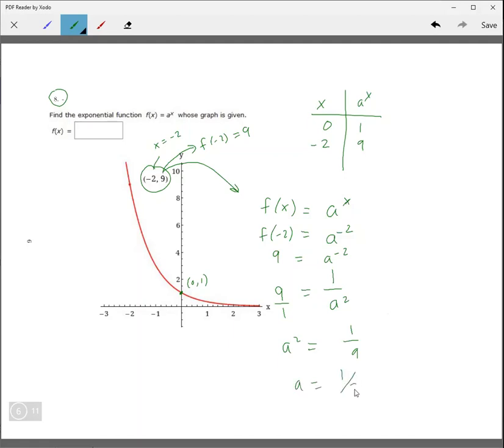That means a has got to be 1/3. So this should be 1/3 to the x. Now in WebAssign, when you do this, the graph goes up a little ways, not as high as you want it to go. So it looks kind of weird, but in reality, this should be way up there.